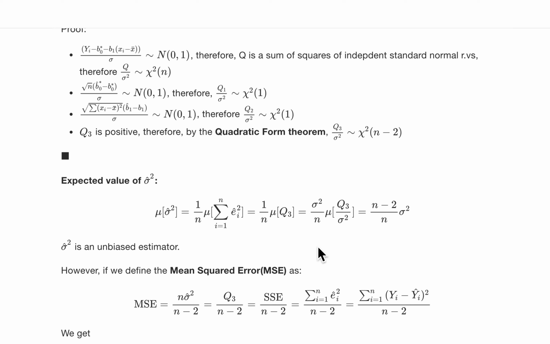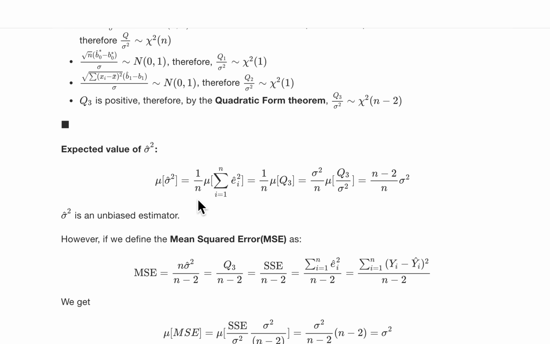Now we can go further and look at the expected value of sigma squared hat, the point estimate of the variance. Taking out the constant term, it becomes the expected value of the sum of square errors, SSE, and eventually we get that the mean of sigma squared hat is n minus 2 divided by n times sigma squared.